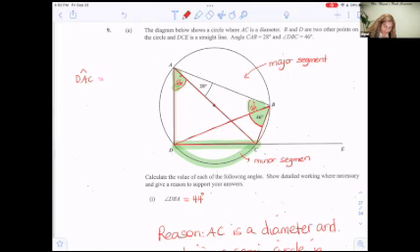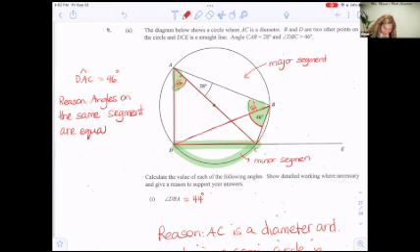So here would also be 46 degrees. So DAC is 46 degrees, and the reason is angles on the same segment are equal. So take it on and we'll look at the last part, because the circle theorems is worth 6 marks.